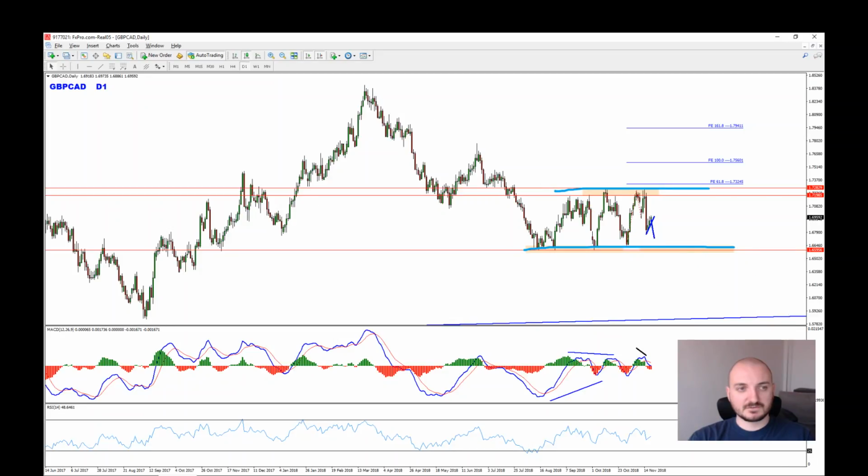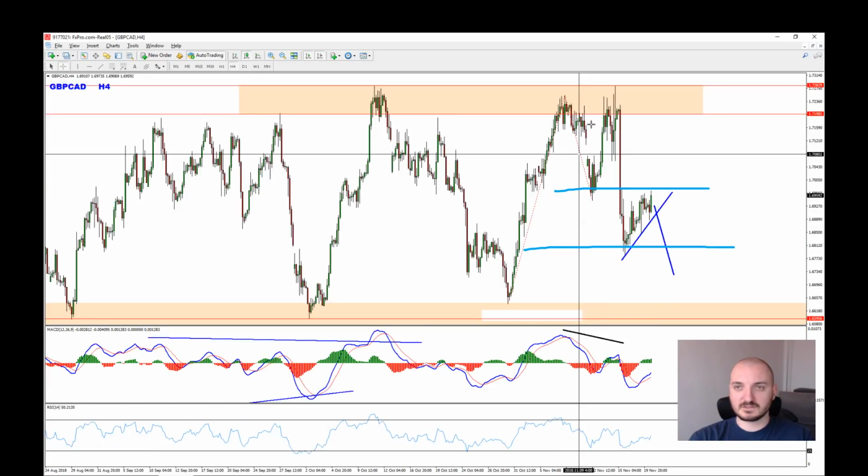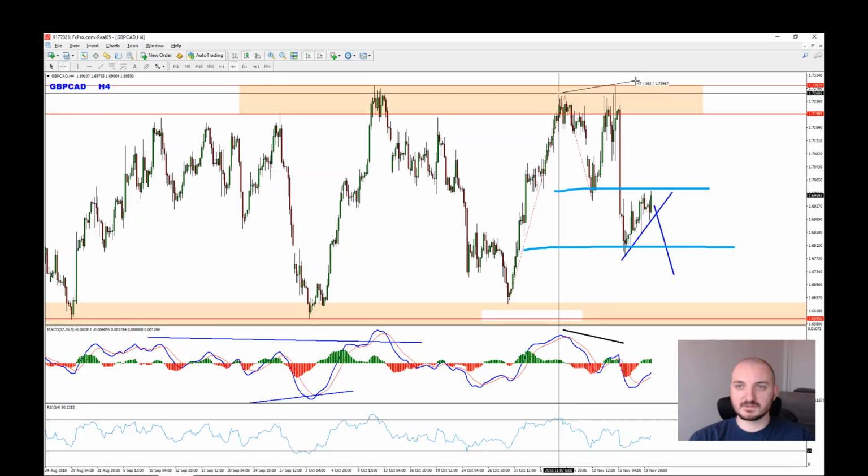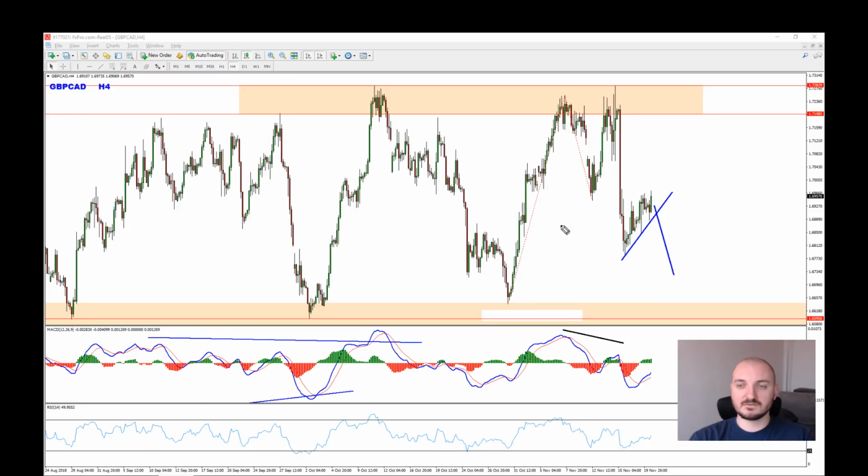Well, first of all, after the bounce from last week, and this is where the bounce happened, and the news, the price went lower, fundamentally driven. Now I do expect further continuation lower.